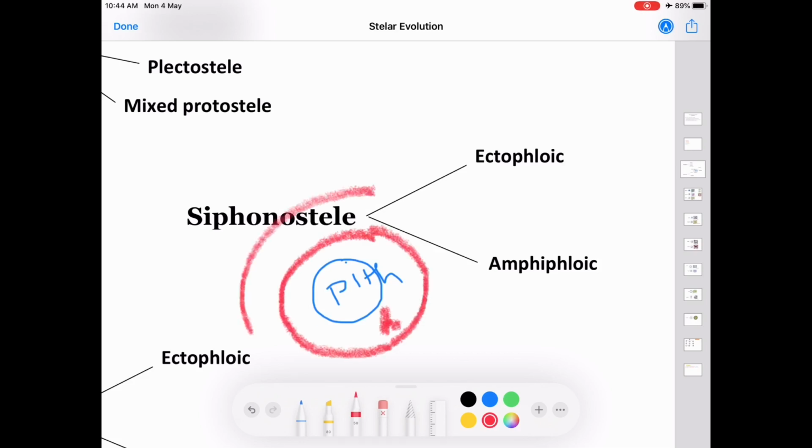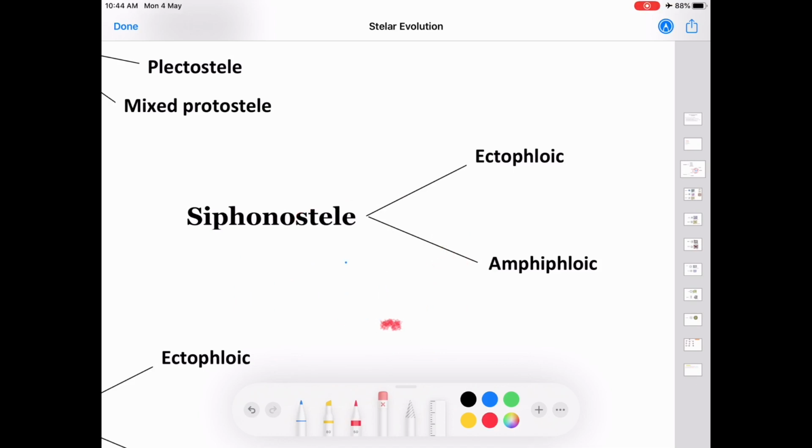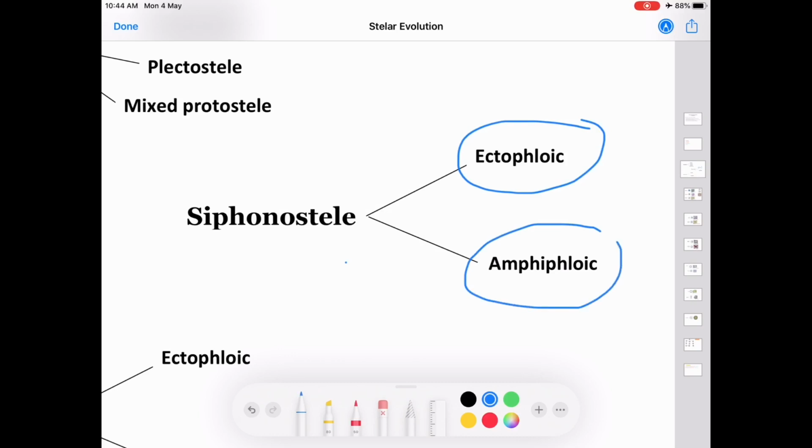Xylem in turn is surrounded by the phloem. This type of arrangement is known as the Siphonostele. Siphonostele is also divided into 2 types, ectophloic siphonostele and amphiphloic siphonostele.